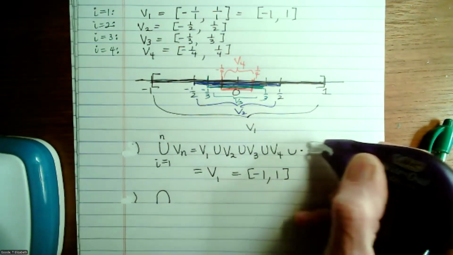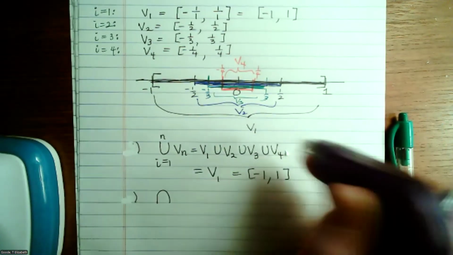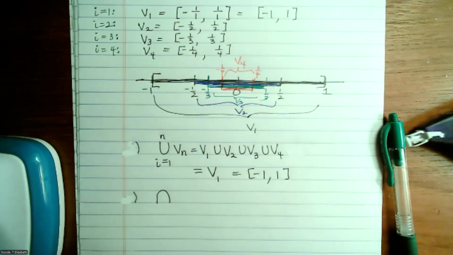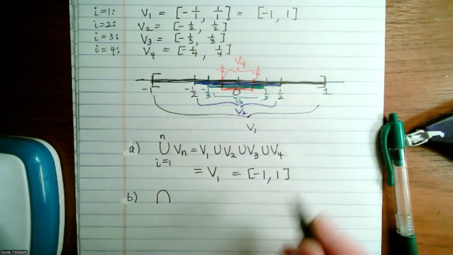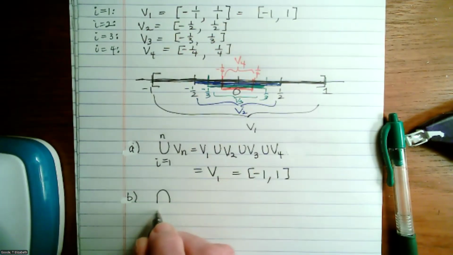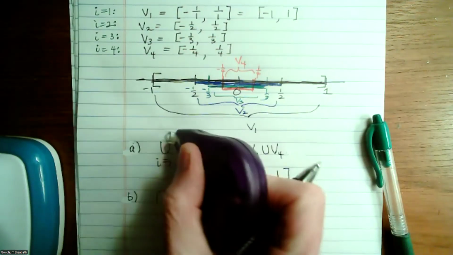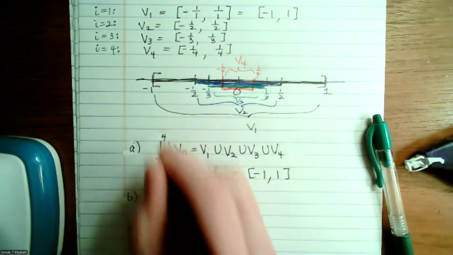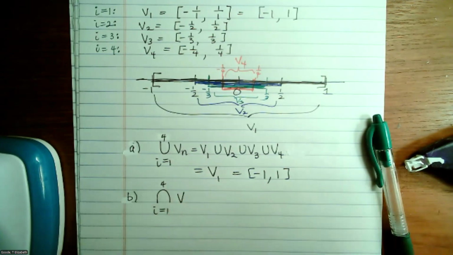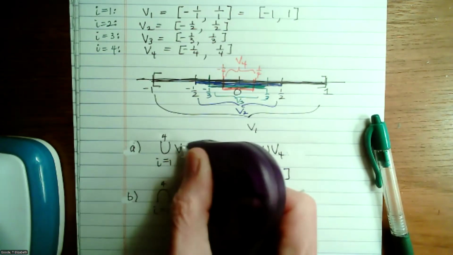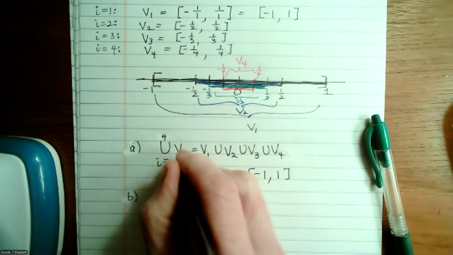So this really is just from 1 to 4. But there is another question that has n and it has infinity. Yeah. So A was from i equals 1 to 4, and B was from i equals 1 to 4. Yes, there's D through G, and those have n and infinity.